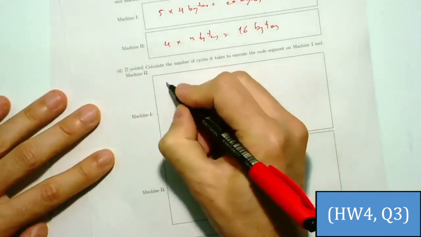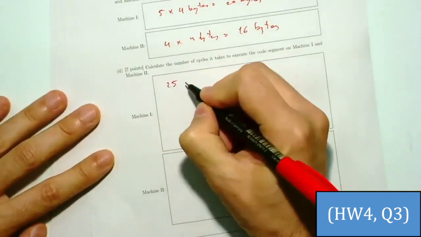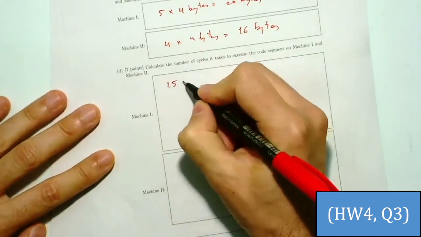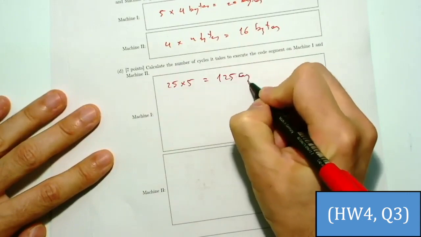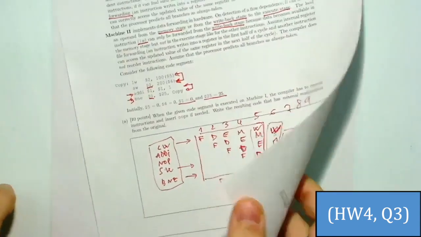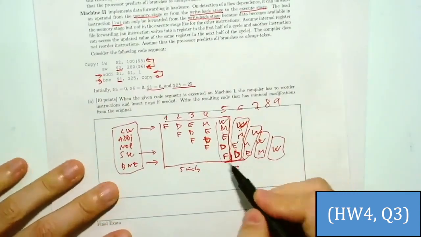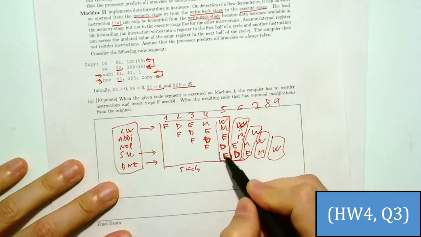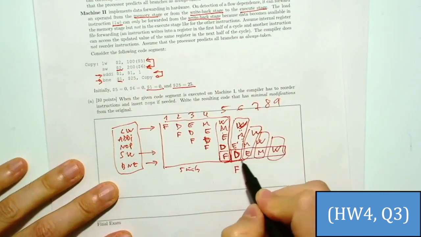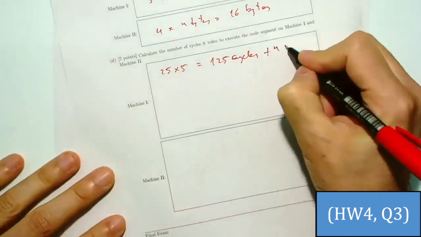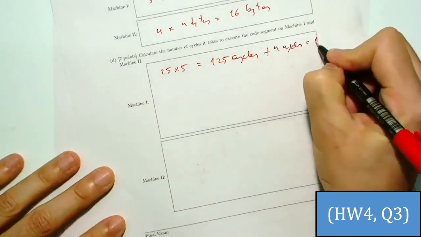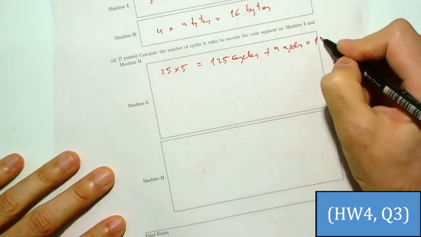As we have 25 loops, and we can start 5 instructions per loop, we have 125 cycles. But in the last iteration, we have to finish. So imagine this is the last instruction. We have to execute these final pipeline stages that are 4 additional cycles, plus 4 cycles. So 129.